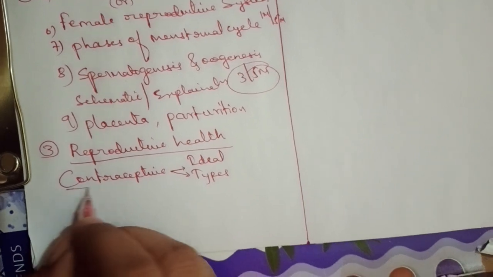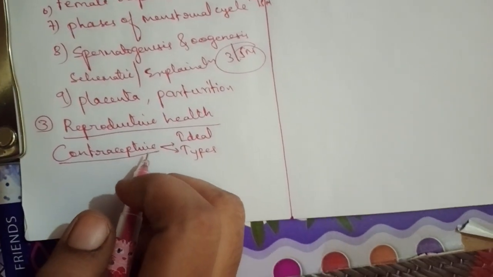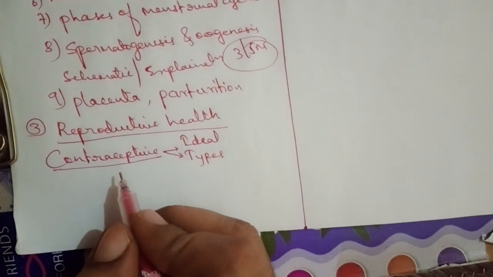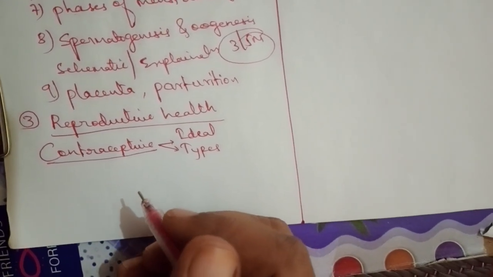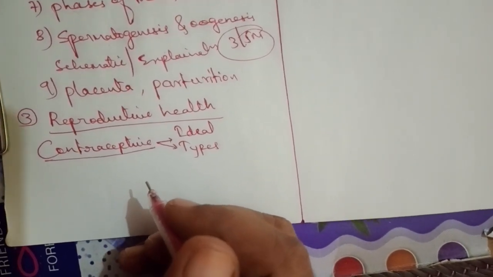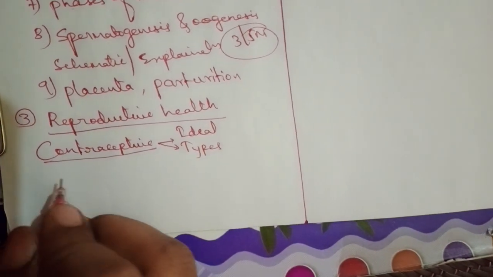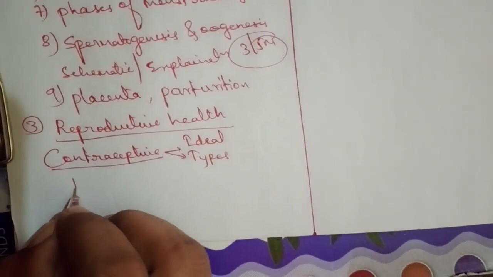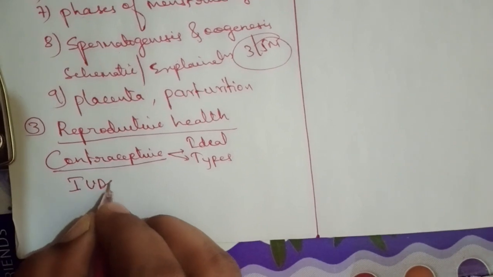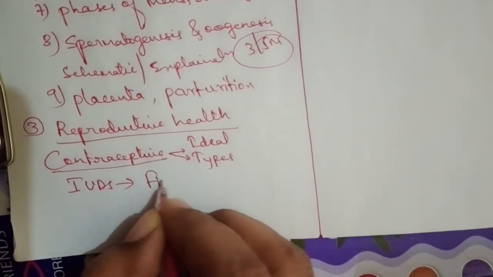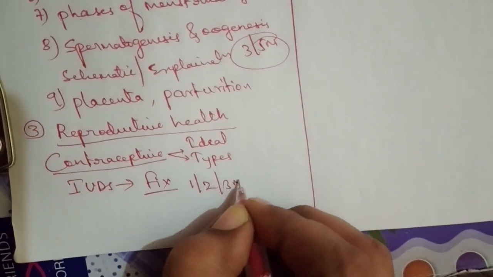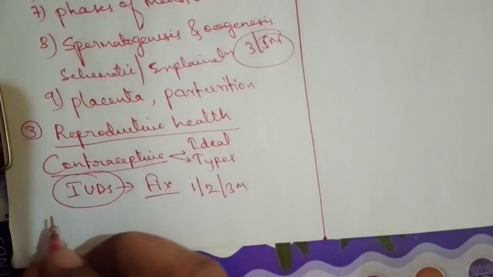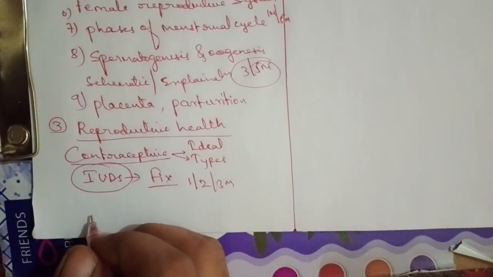You know that there are a total of 5 to 6 types of contraceptive methods, especially the natural methods, which again have types. Here the fixed type of question is IUDs, from which you can get 1, 2 or 3 marks questions.